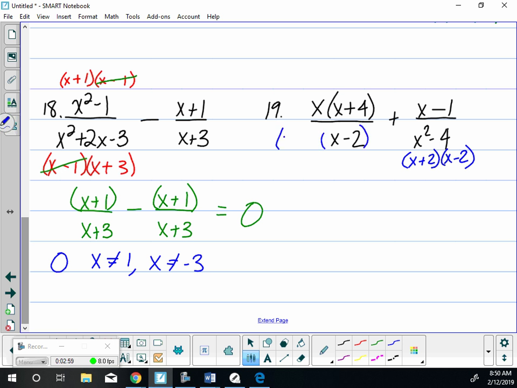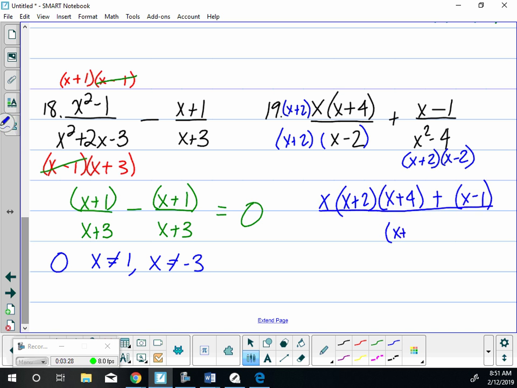So this one is going to need an x plus 2. So I have an x plus 2 times x plus 4. I'm just going to move the x out front of that. Plus x minus 1 all over x plus 2, x minus 2.